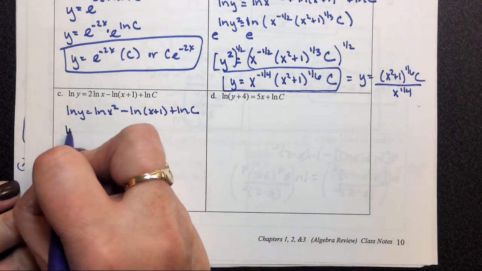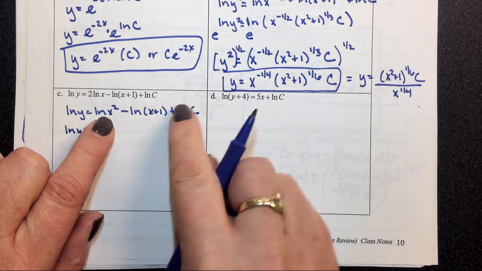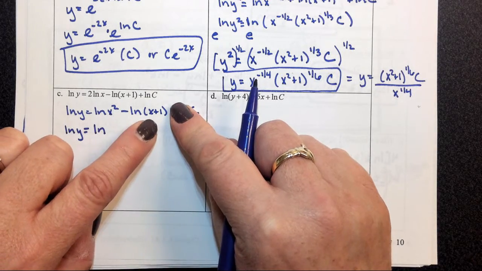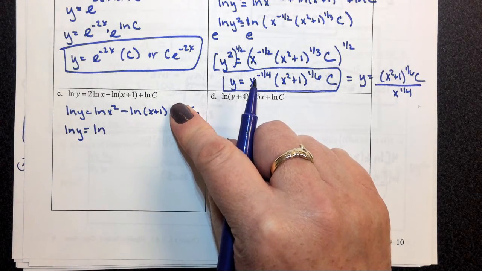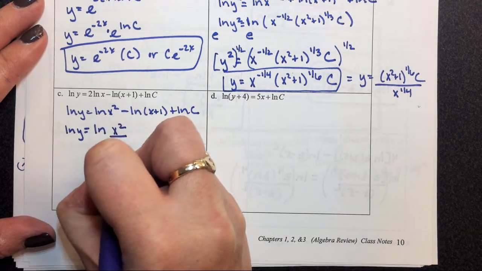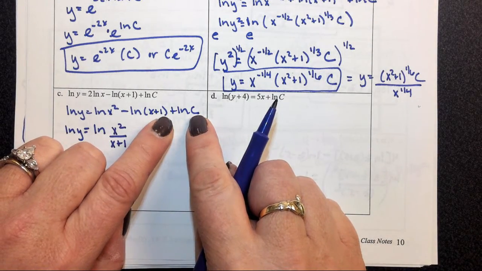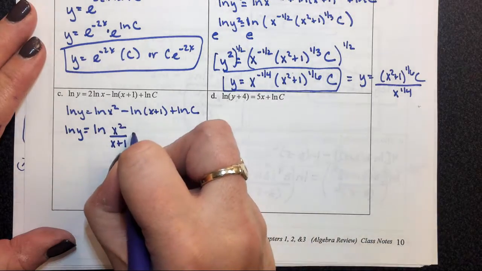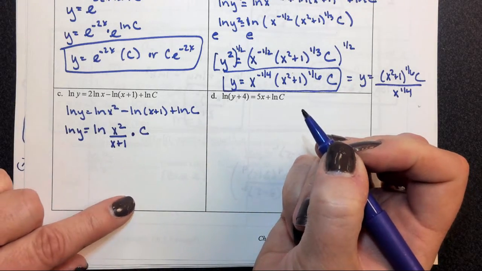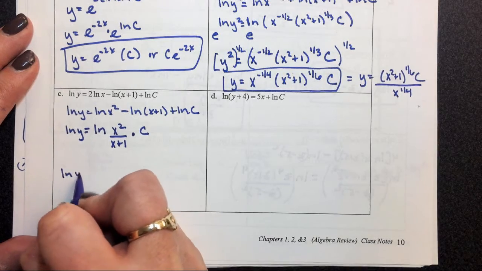So when I do my condensing, natural log of y is equal to the natural log. How do I bring the natural log of x squared minus the natural log of x plus 1 together? What operation am I going to use? Division. So that's going to be x squared over x plus 1. Plus the natural log of c means I'm going to do what? I'm going to multiply by c. There is a huge difference, guys, between what is written here versus this.